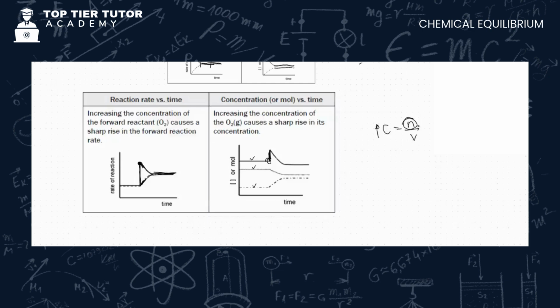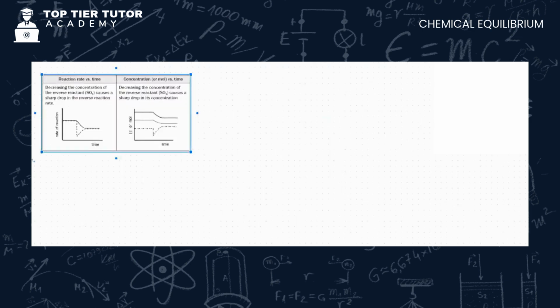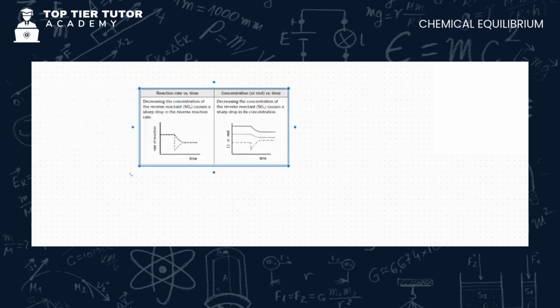Okay, then we're going to change the system again. Let us say that we have now removed the sulfur trioxide. The sulfur trioxide is the SO3. This is the graph we're going to have when we have removed the sulfur trioxide.